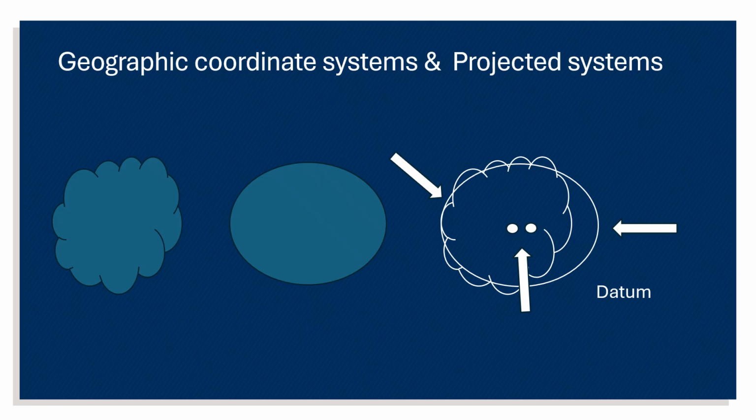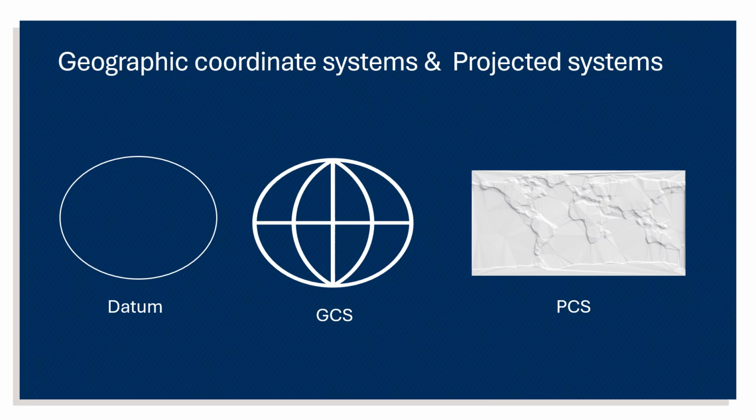And what makes a datum special? Well, a datum is still just an ellipsoid, but it's one that we can do stuff with. And what's the stuff we're going to do? We're going to create a geographic coordinate system. With a GCS, what we're going to do is create a network of lines of longitude and latitude on that perfect mathematical shape, that ellipsoid that has been fit to the geoid, or what we like to call the datum.